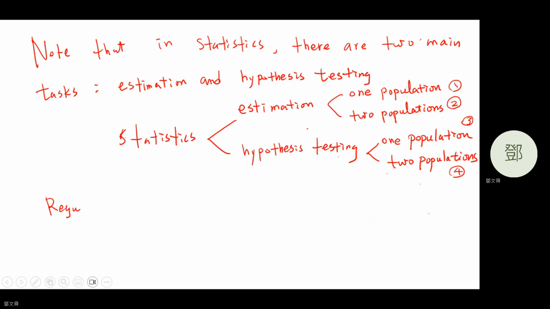The regular order is 1, 2, 3, 4 in most textbooks.